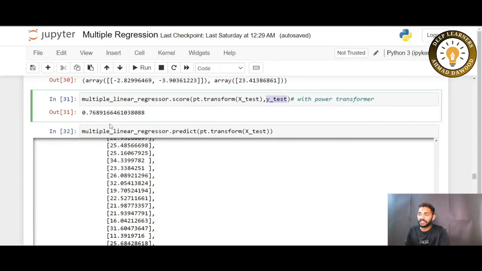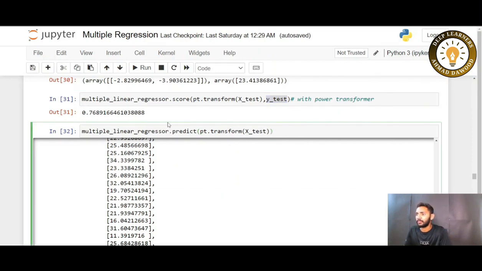Or you can say 76% variation of miles per gallon is explained by our model, or 76% variation in the target column is explained by your independent variables, horsepower and weight.